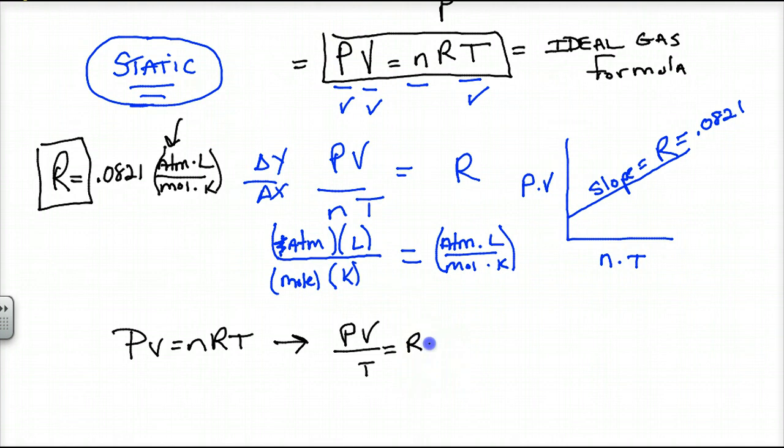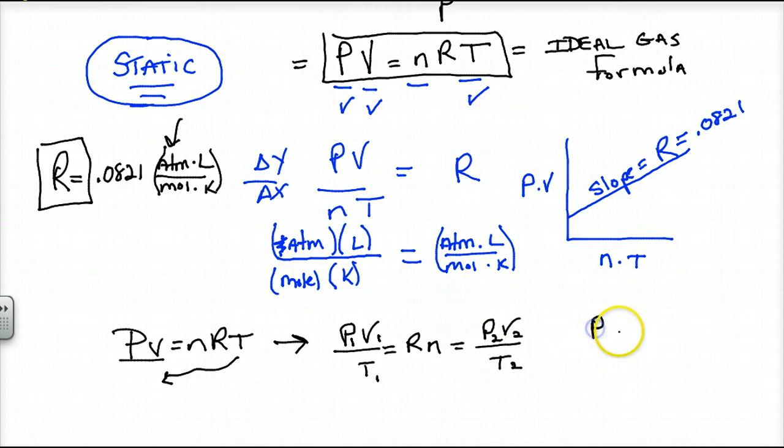All I was trying to do is move the T down, so I'm just rearranging algebraically, putting the T on the bottom, and I have PV over T equals nR. Now, if PV over T equals nR, universal gas constant times moles, doesn't nR equal PV over T? This could be one scenario, and this could be a new scenario. So we're giving birth to a new equation here.